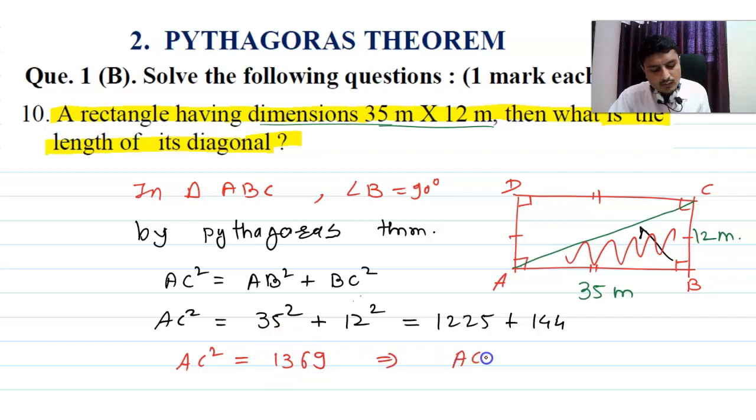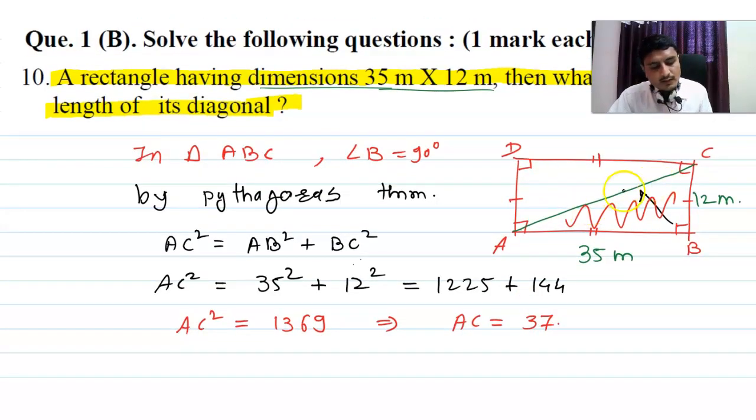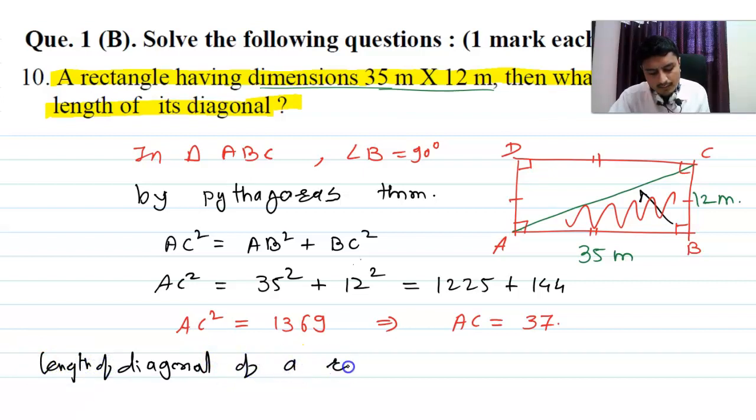Now taking square root on both sides, the square root of AC square is AC, while the square root of 1369 is 37. So the length of the diagonal of the rectangle is AC, and its value is 37 meter.